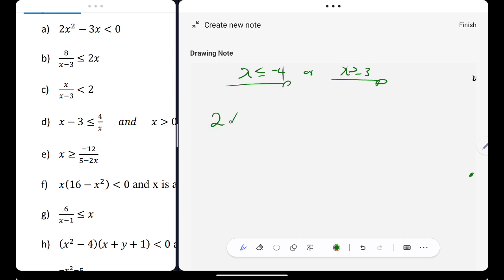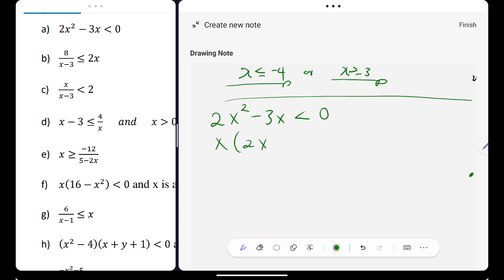I have 2x squared minus 3x is less than 0. I'm supposed to solve for x using inequalities. I don't have a constant term here, so I don't need to worry when I factorize. I just need to take out a common factor. What is common between these two terms? x is common.